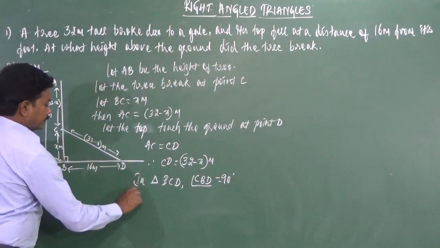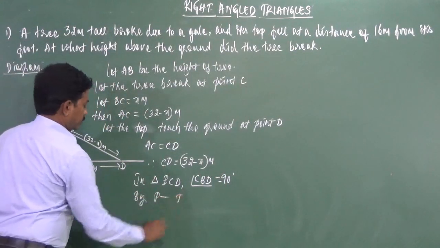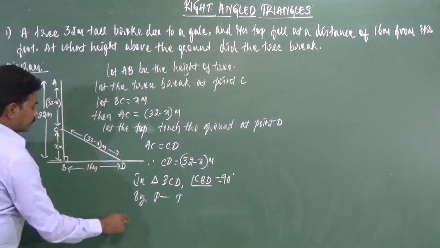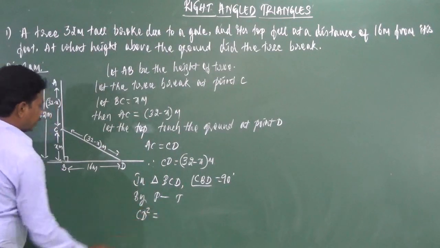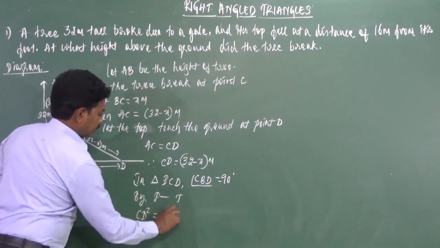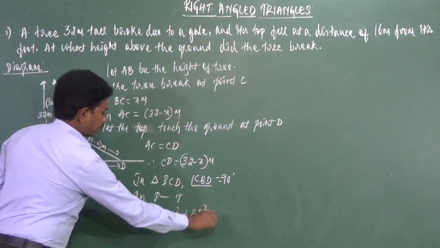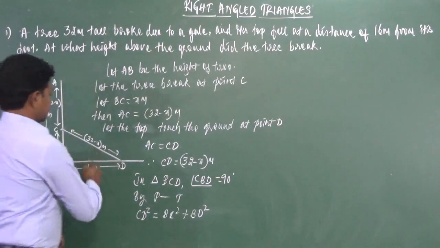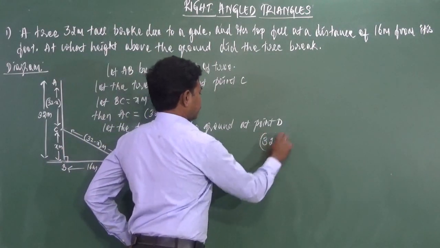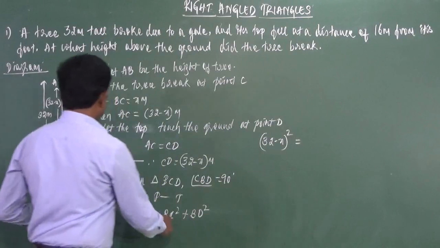By applying Pythagoras theorem, opposite to the right angle is the hypotenuse, that is CD. CD square is equal to BC square plus BD square. Now CD square is 32 minus X whole square. So 32 minus X whole square is equal to BC square.